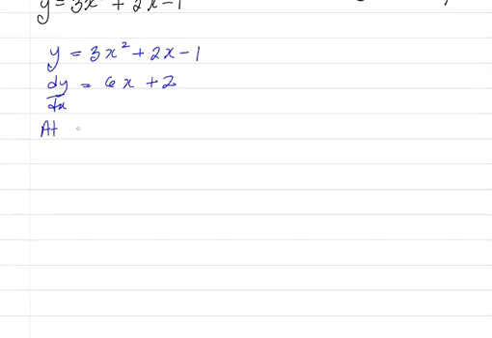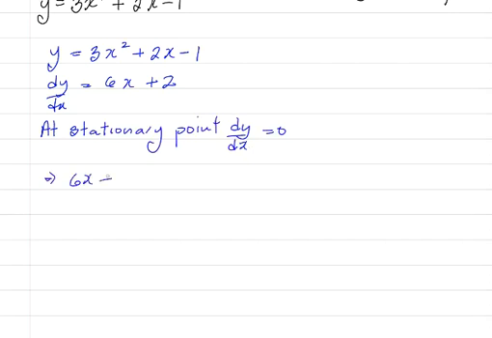Now at the stationary point, dy by dx is equal to 0. So therefore 6x plus 2 is equal to 0. 6x is equal to minus 2. Divide both sides by 6. x is equal to minus 1/3. So x equals minus 1/3 is the value of x at the stationary point.